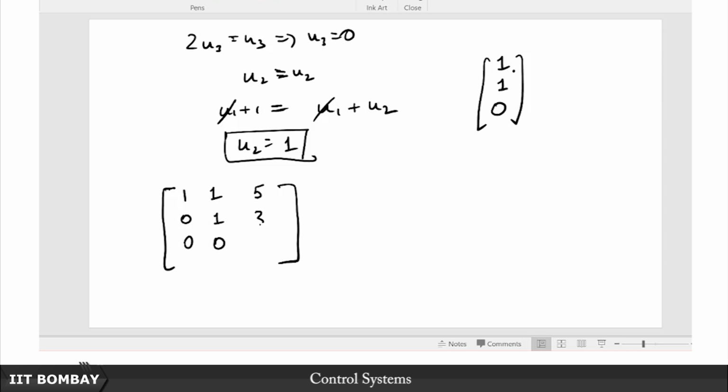So 5, 3, 1. Let me call this my T matrix. The determinant of T, you can check, is 1. So if I want to find the T inverse, let me compute the T inverse, the transpose of the matrix of cofactors.